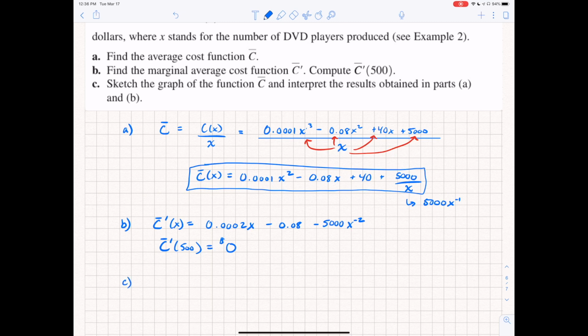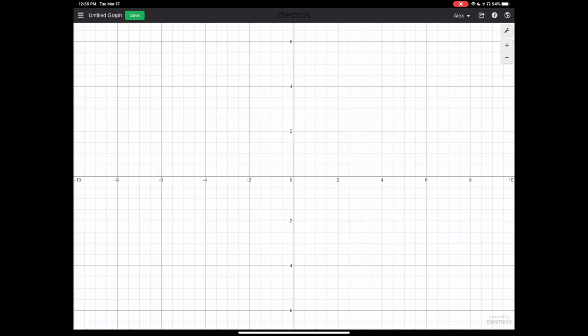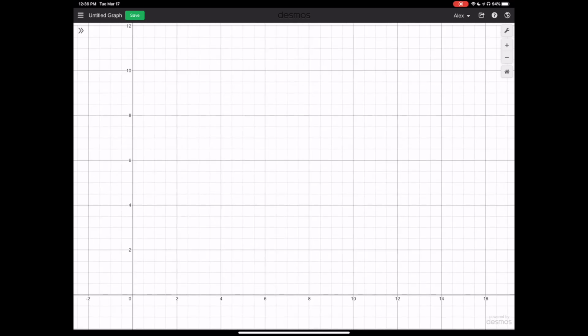Okay, so C says sketch the graph of the function C bar and interpret the results obtained in parts A and B. I've actually got this already done in Desmos. I have my C of x up here in the top left, and I'm just going to get that bar out of the way. The window is not going to make a lot of sense right now. You shouldn't see anything, and the reason is, remember, this is going from 0 to 400.